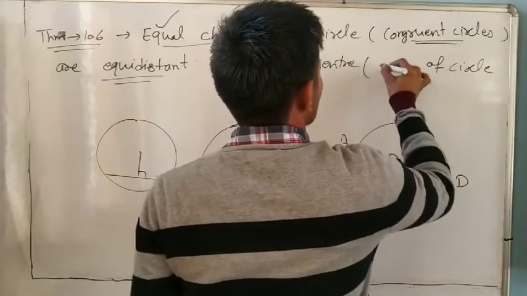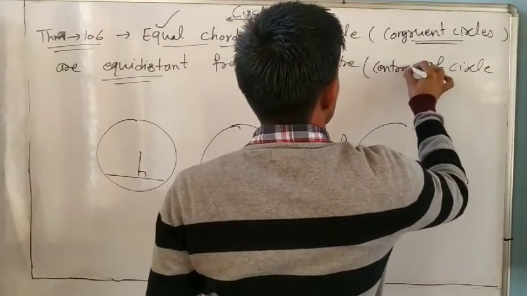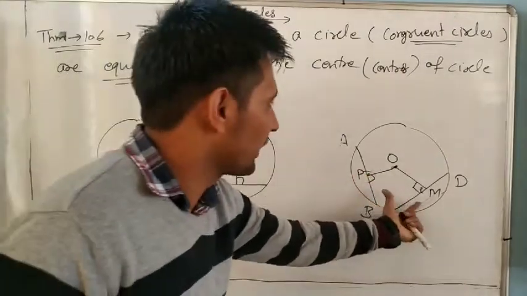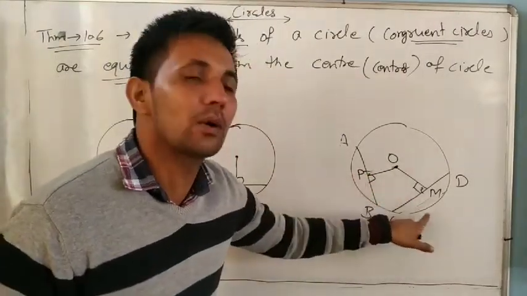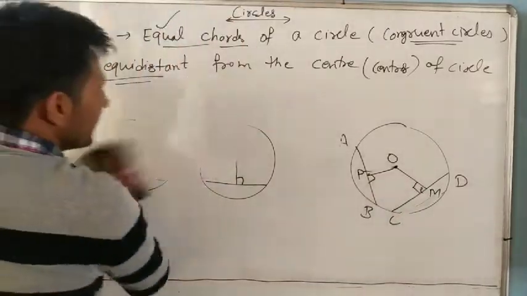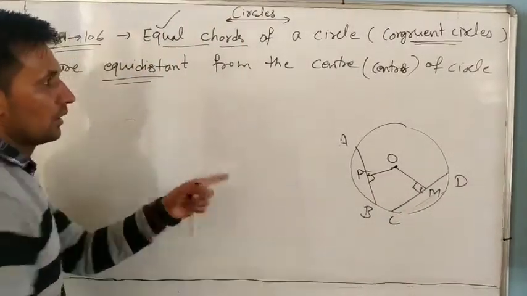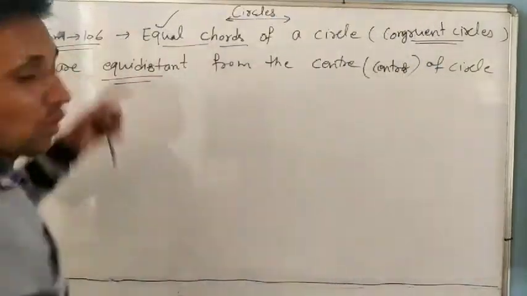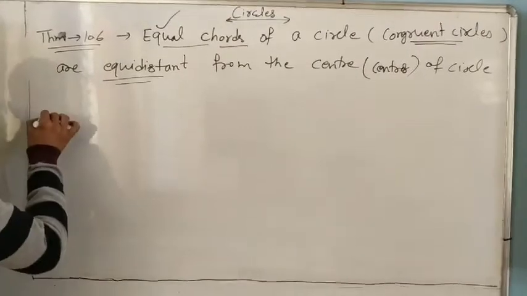Or centers of a circle. Otherwise remember it in one circle: if chords are equal, it means they are equidistant from the center. Note it down now. Okay, now the next theorem is the opposite of 10.6.